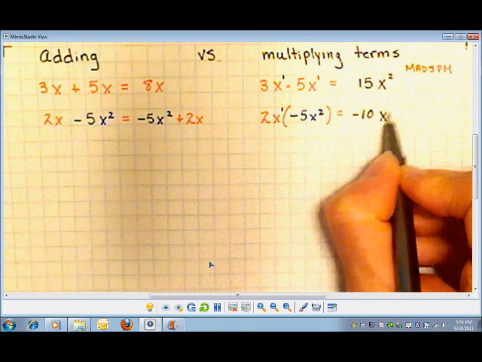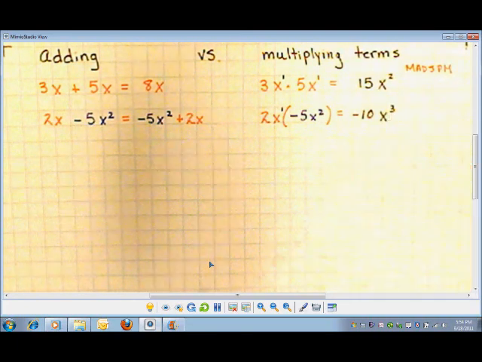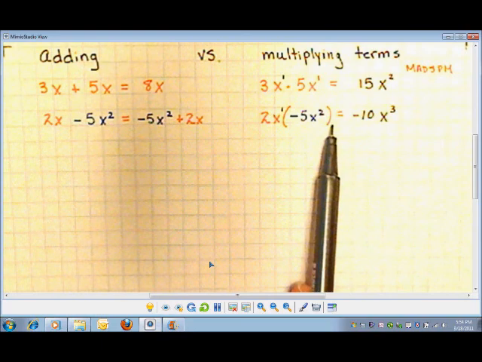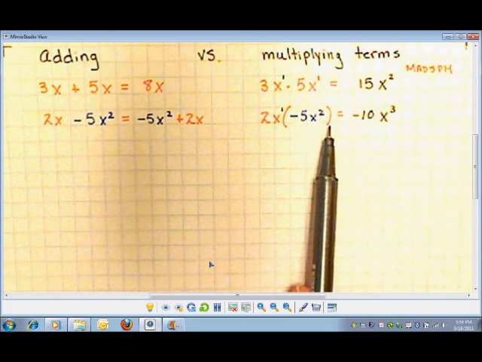That gives me x cubed. So you can see adding and multiplying are two different processes.